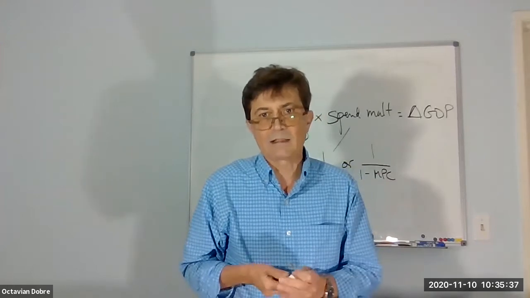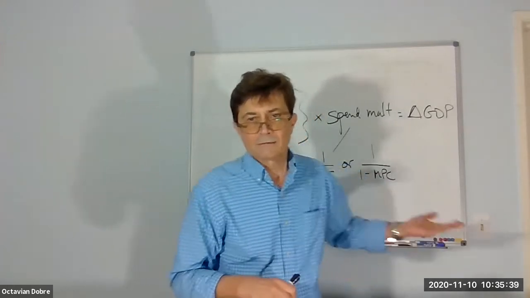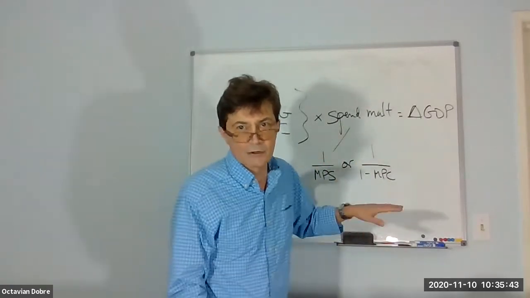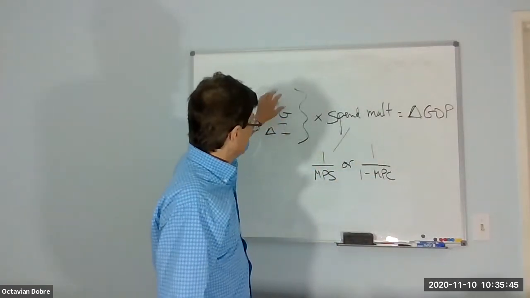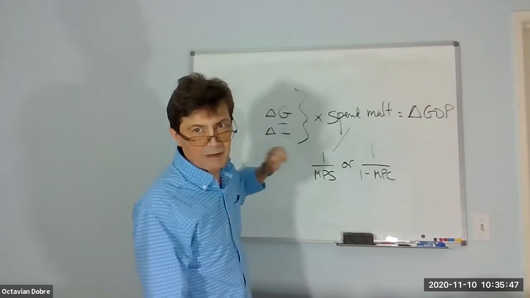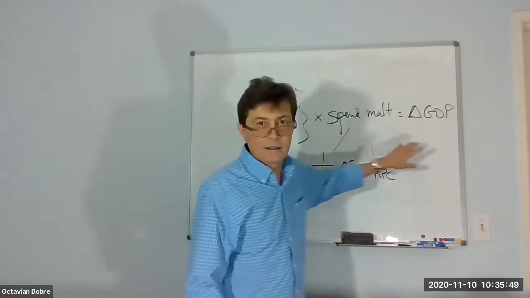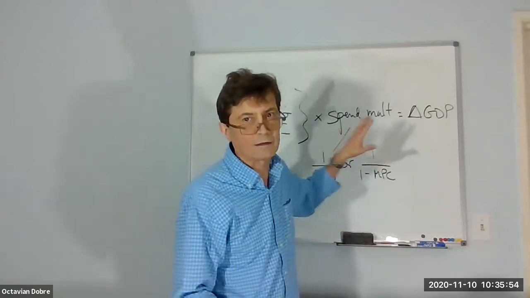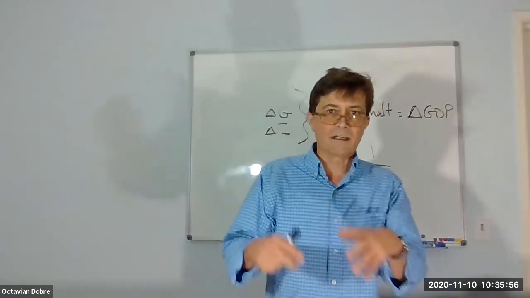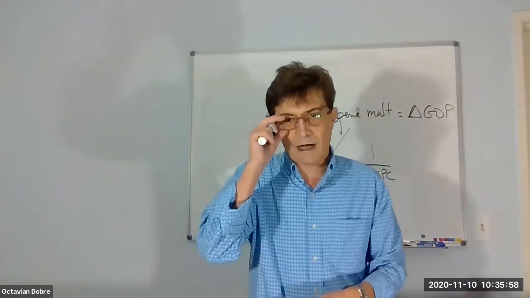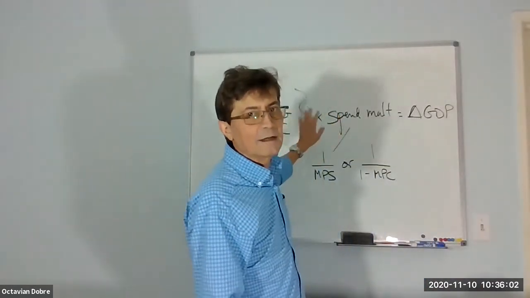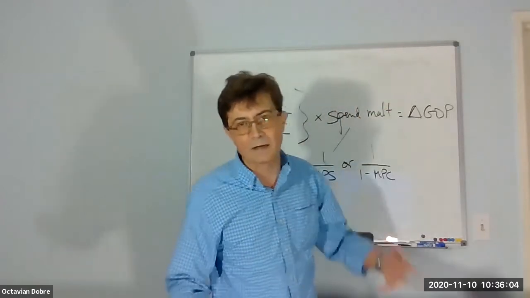Because if the MPS is 0.2, you get 1 divided by 0.2, which is equal to 5. So if the increase in government spending or investment is $1 million, the GDP will increase by $5 million because it's 1 times 5. If the increase in G is $2 million, then times 5 is going to be $10 million, and so on.